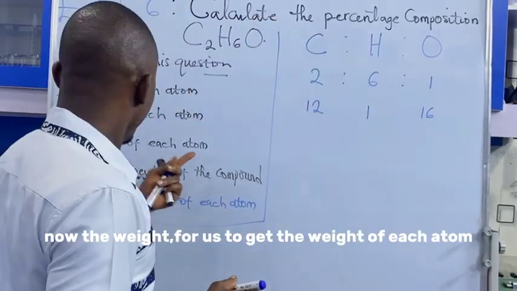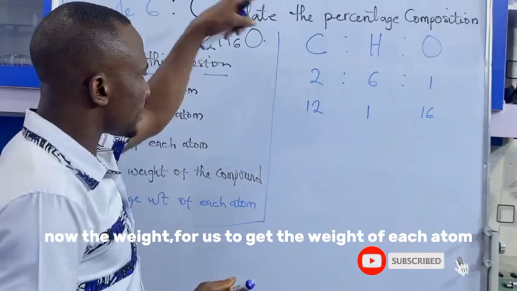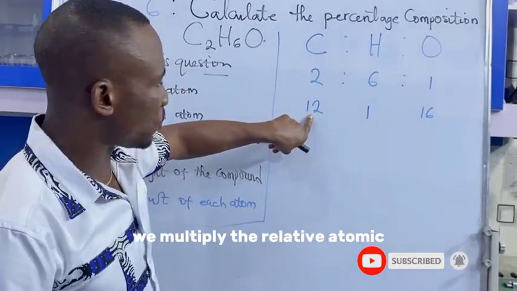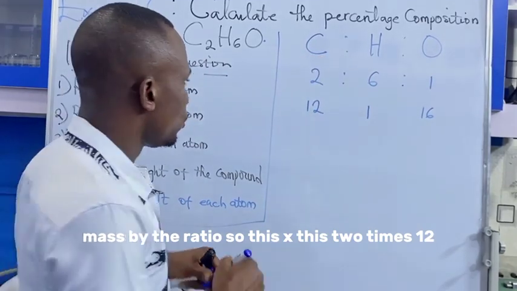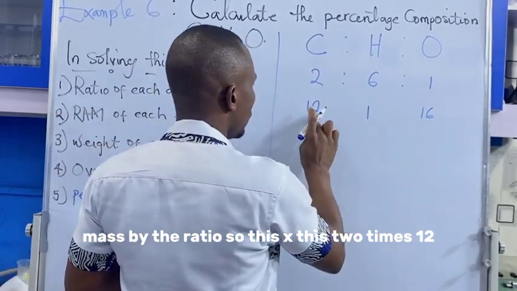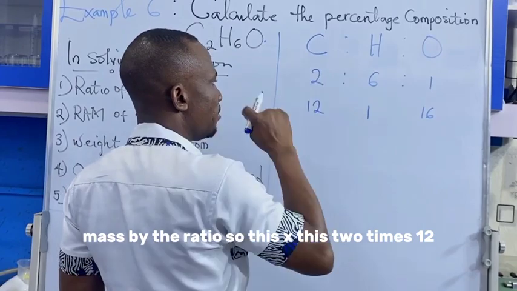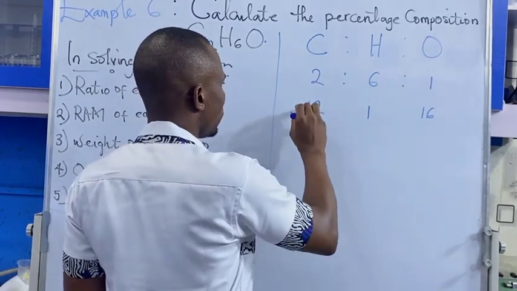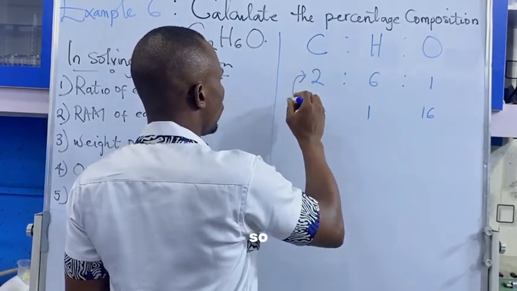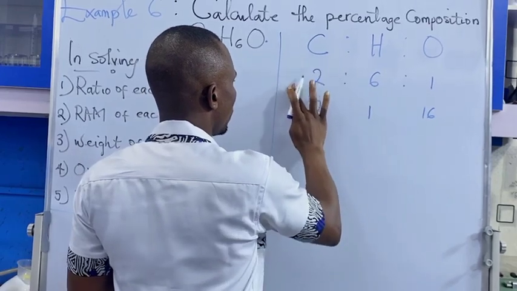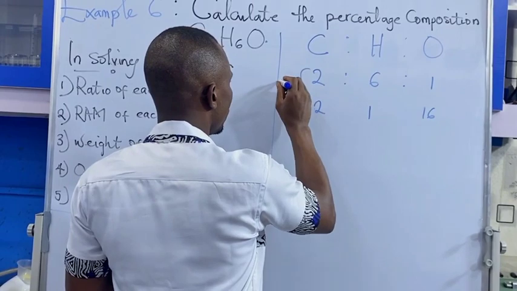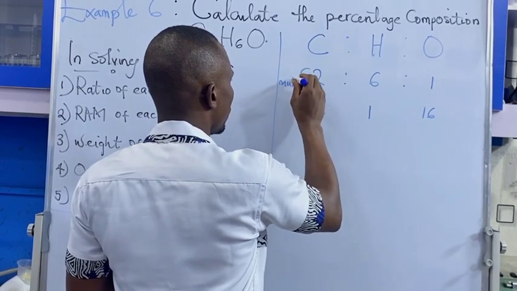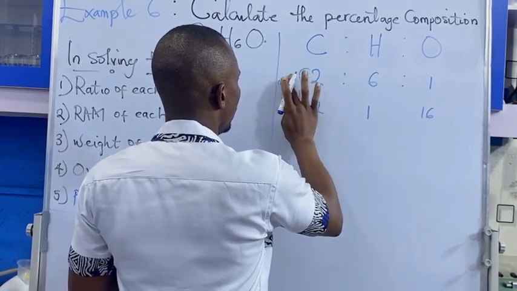Now the weight. For us to get the weight of each atom, we multiply the relative atomic mass by the ratio. So 2 times 12.